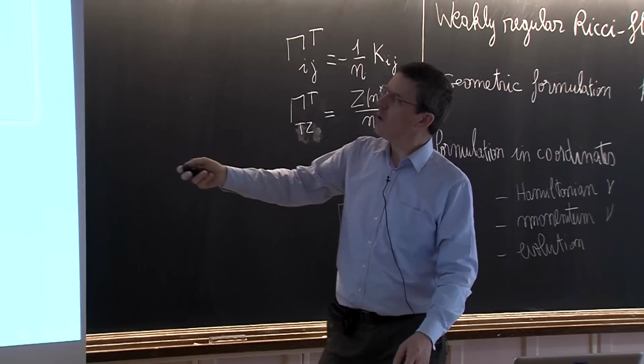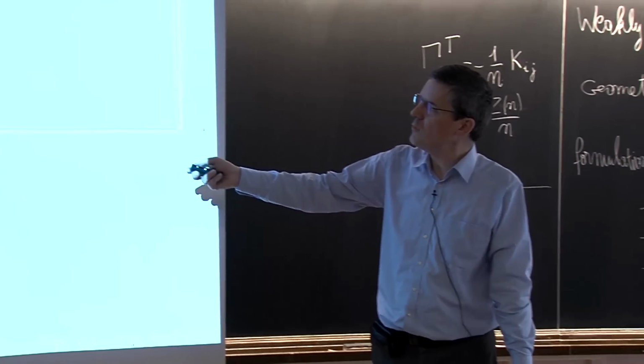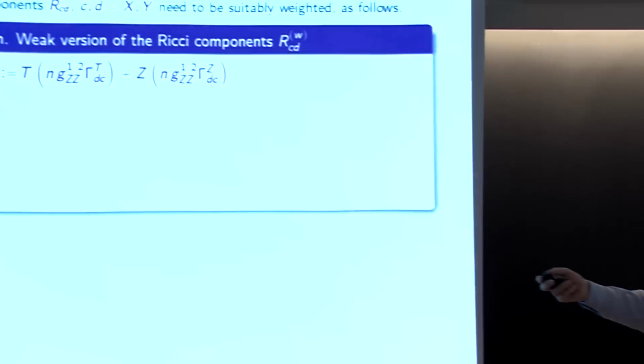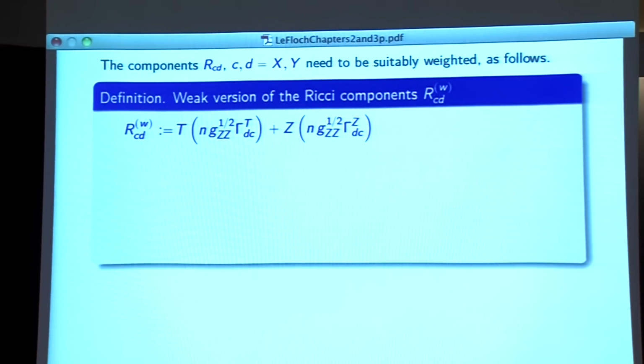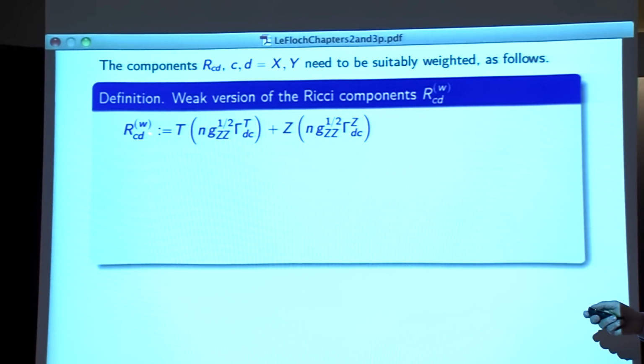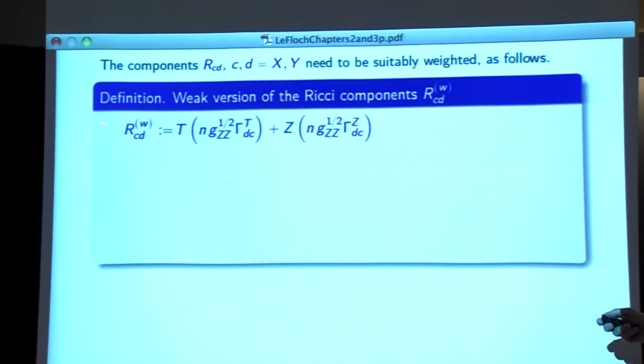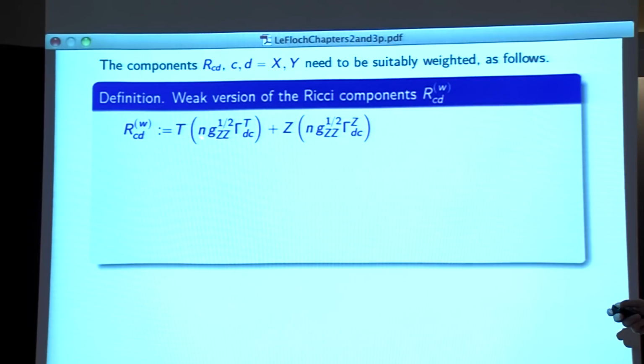Again, I'm putting a W to express the fact that I'm not exactly working with the Ricci curvature components, but some weighted form of them, weighted by something I will specify in a minute. You can guess what it is. It's essentially this coefficient. This weighted Ricci curvature component is a t derivative of gamma dc t, where the indices are dc or cd here.